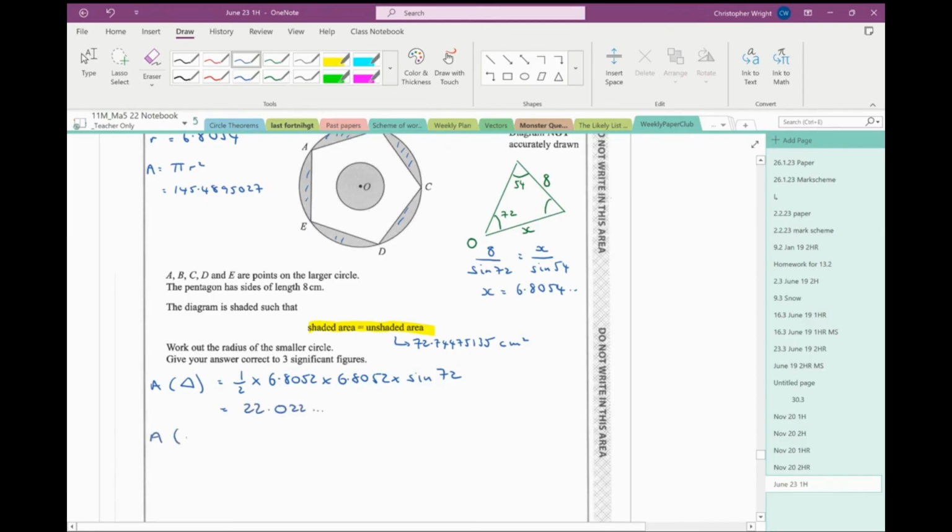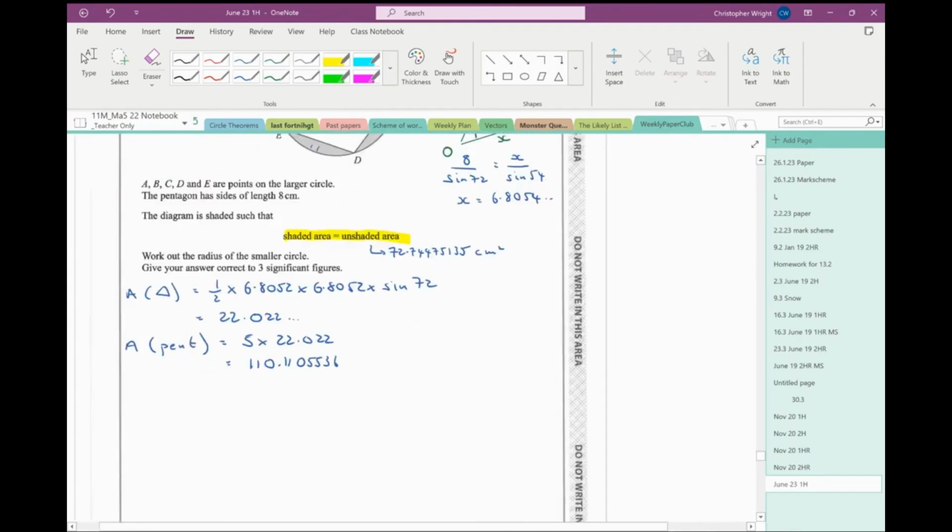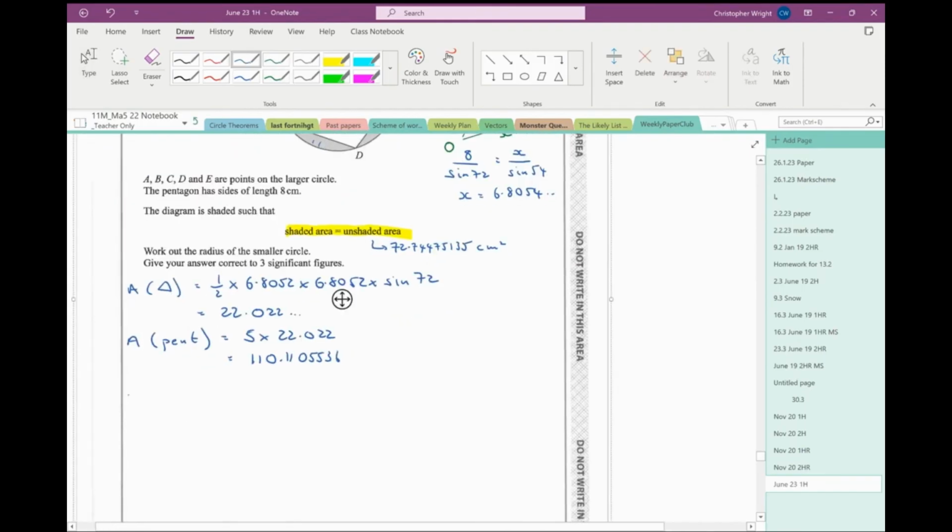So the area of the pentagon is 5 times that, which is 110.11055536. So that's the area of the pentagon, which means that I can find the area of these 5 shapes.